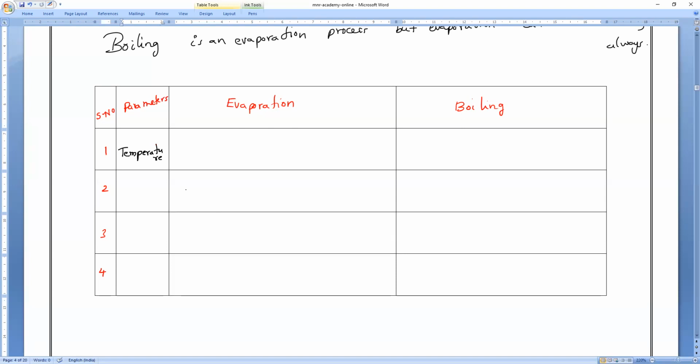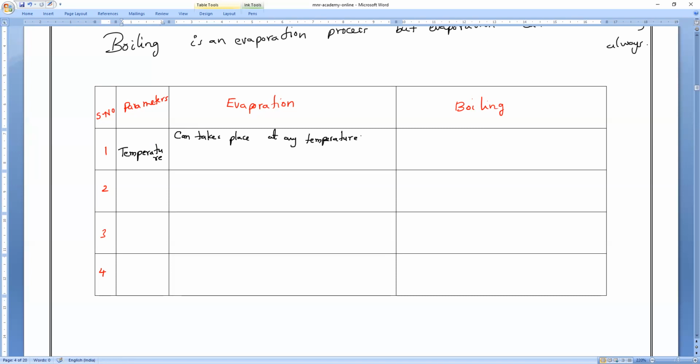Tell me, does it take place at any temperature, or only at a particular temperature? Evaporation takes place at all temperatures. That is the first thing: it can take place at any temperature.